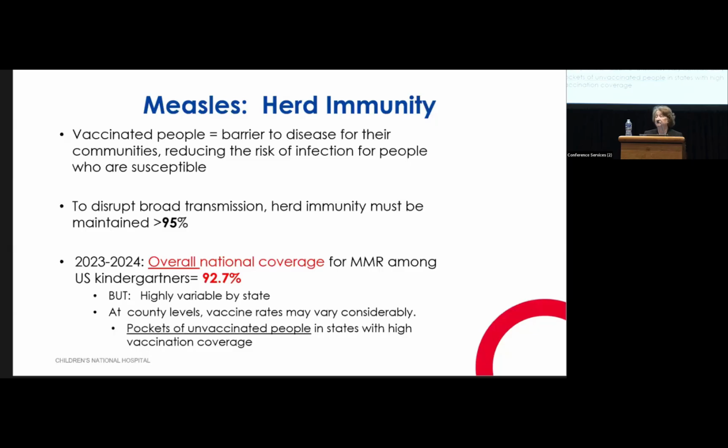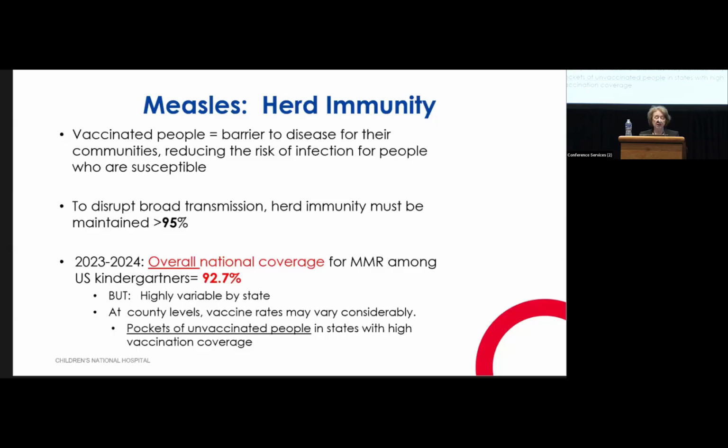And that's very specific. It will vary for different diseases. So overall, our national average for measles vaccination based on MMRs in patients in kindergarten for 2023-24 has been 92.7%. Does that matter? Yes, it does. We want to be above 95%.